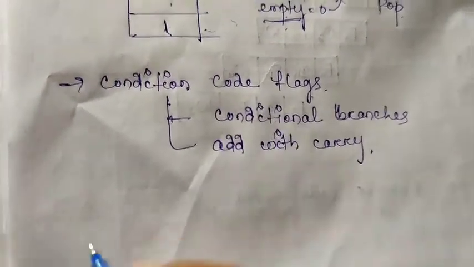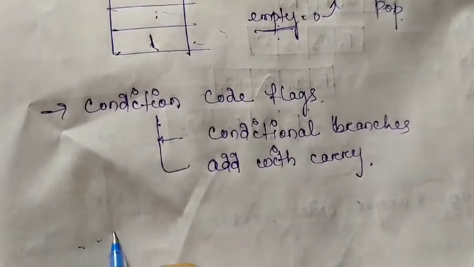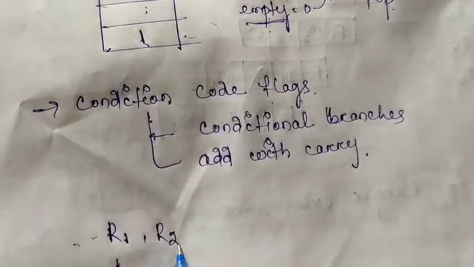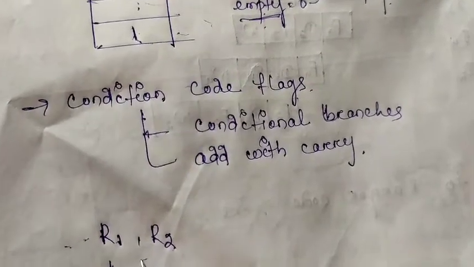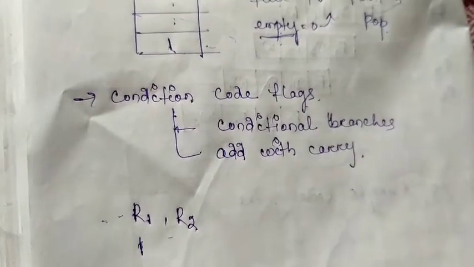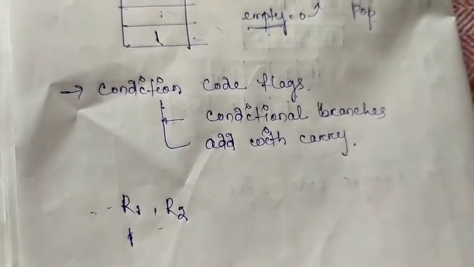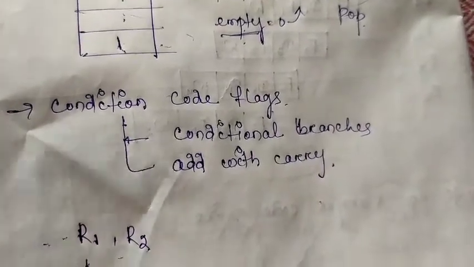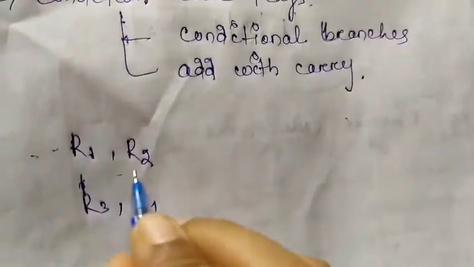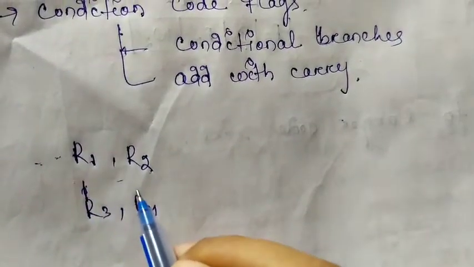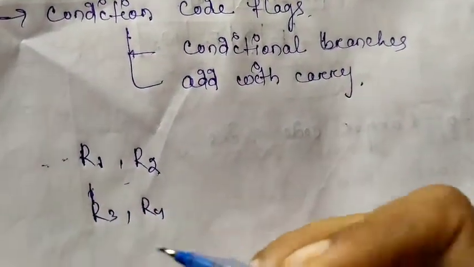So let's say two registers R1 and R2 hold an integer that we want to add to another integer in R3 R4, let it be a double precision number. In a double precision number we need two registers as the size is more.